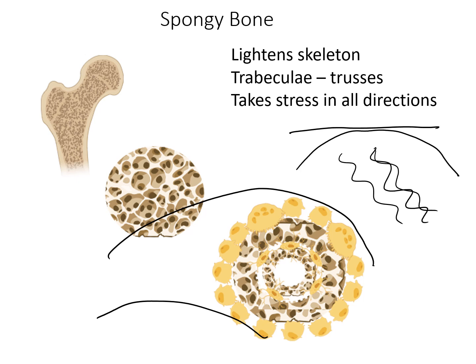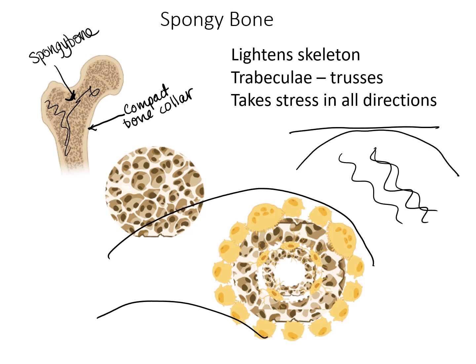I want to mention here that this is the compact bone that we call the bone collar. And so every bone has an outside collar of compact bone, but every bone has an inside juicy filling of spongy bone. And this is how you maintain the strength, but also lighten the skull.